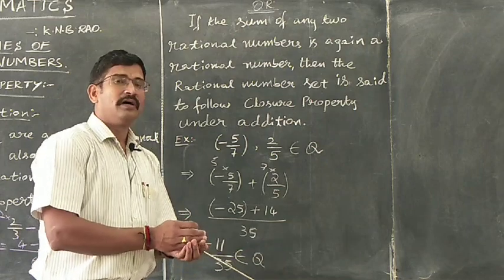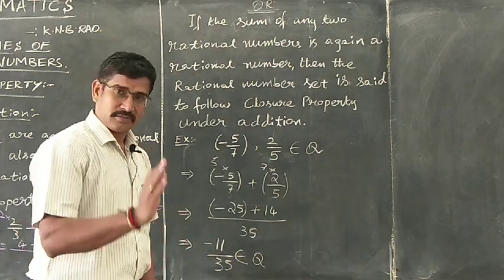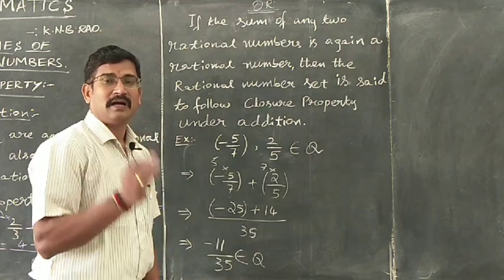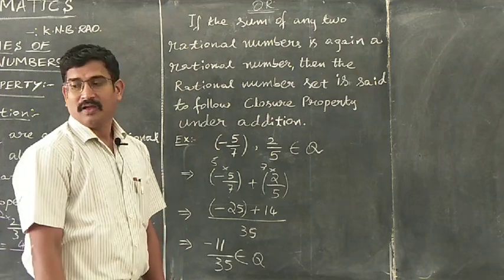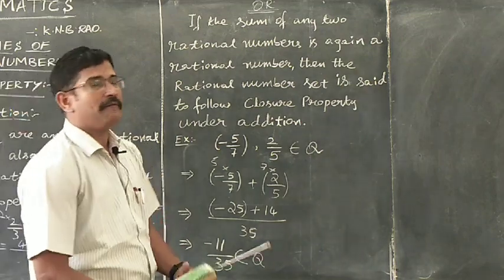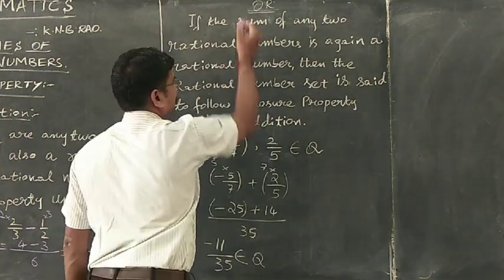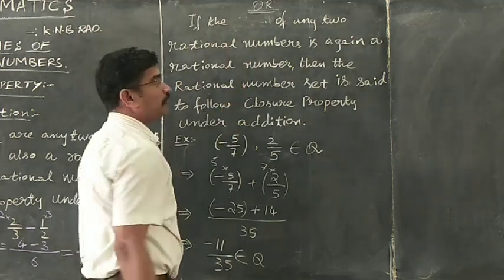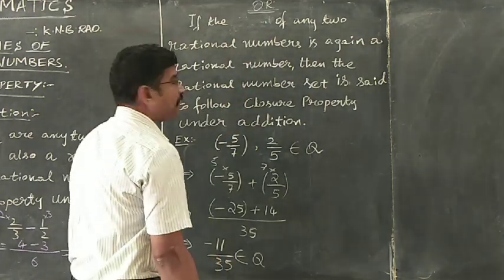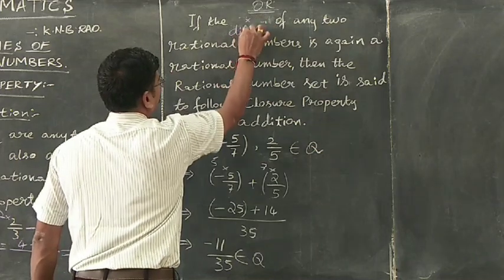Now, we will go for the generalized definition of closure property under subtraction. What are the changes that we have to bring here? First one, here itself I have to bring the word difference.